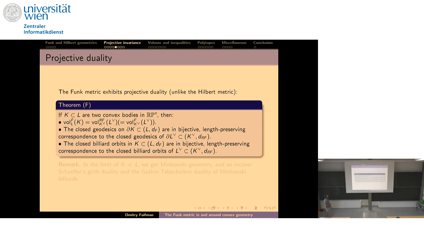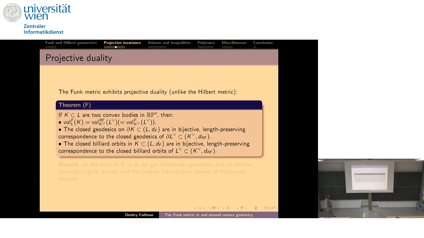So I put here reverse Funk for moral reasons, but really there's no difference for the volume. You can just look at the Funk volume because the volume of a polar minus the polar is the same thing.